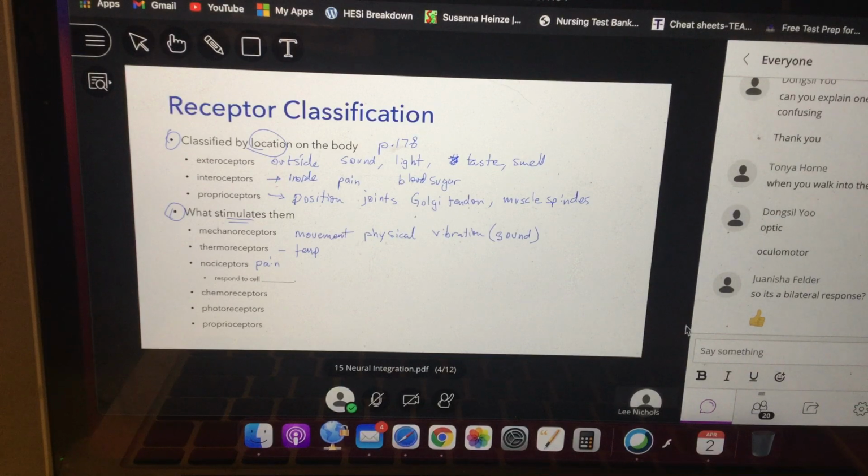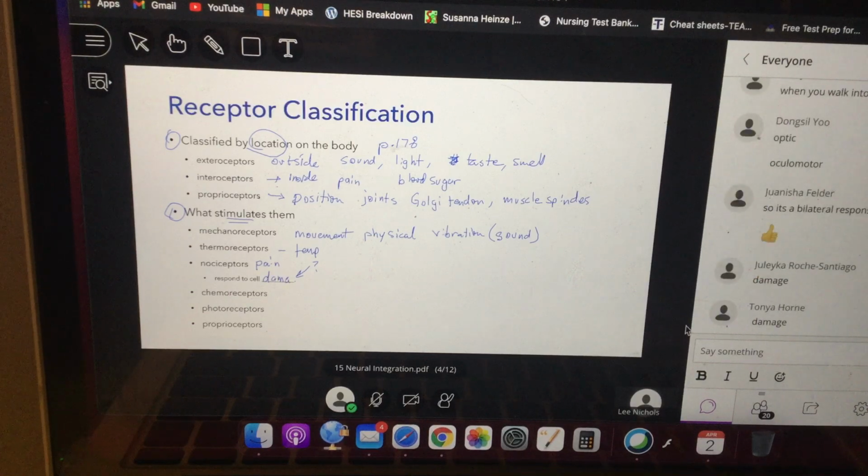But what would we put in this blank? Pain is a response to cellular what? It's a cellular response. It's a chemical. Pain is a chemical cellular response to cell what? Yeah, damage or injury.